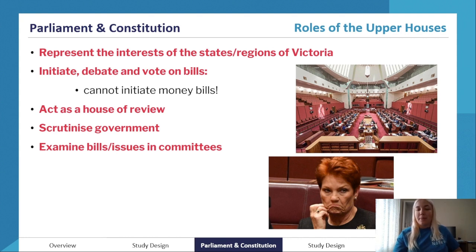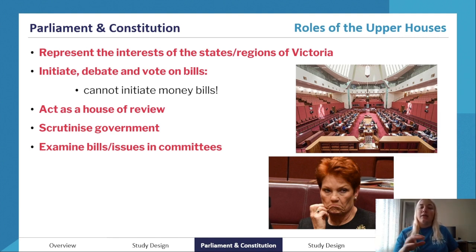So this is different. For instance, the compositions are really different. The lower house is just chosen by the people, depending on who's getting the most votes, they will become members of the lower house.